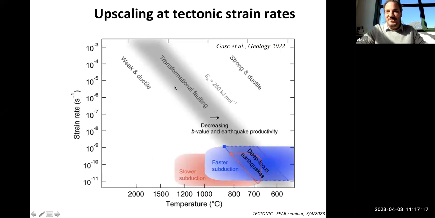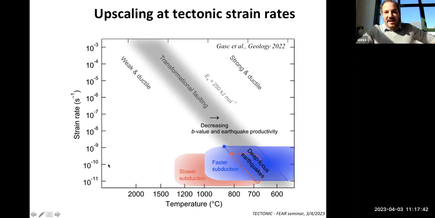So this is the transformational faulting window extrapolated now to strain rates that are the strain rates of subduction zones, or a bit faster actually. So you see the transformational faulting window, and in fact it does intersect more or less the condition that we expect for slow and fast subductions in the world.